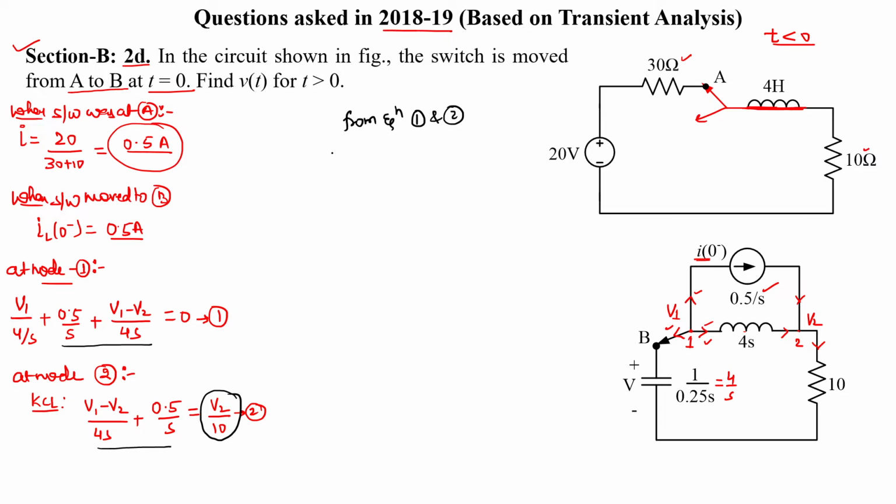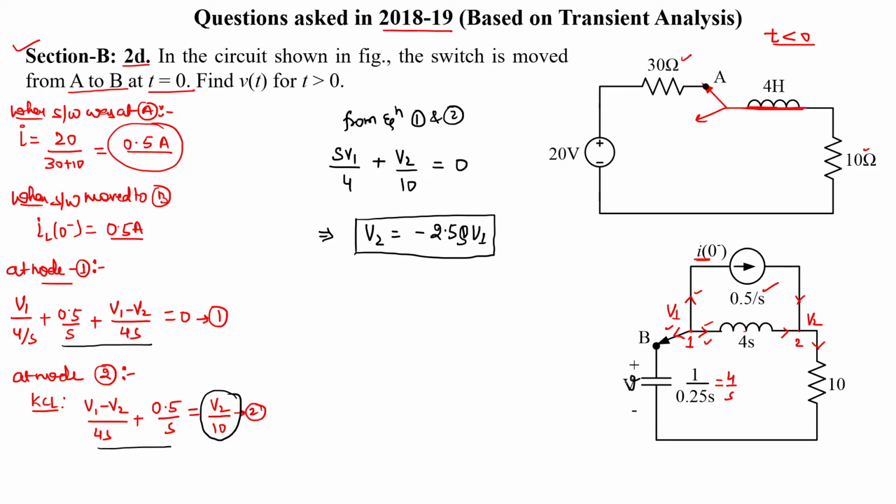So from this we can replace that sV1 divided by 4 plus V2 divided by 10 equals 0. From here we can calculate the value of V2 equals minus 2.5 s times V1.